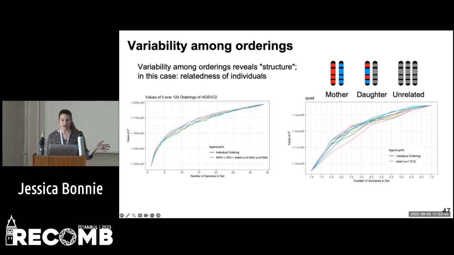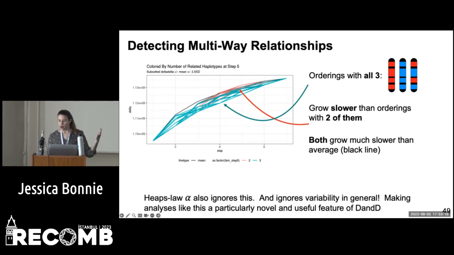So this plot on the right is really showing us something very different. As you would expect, there's a clear difference in the value of delta at each step, depending on how many related haplotypes have already been included. These lines below are colored by how many related haplotypes, the two haplotypes of the mother and the maternal haplotype of the daughter, had been added at step 5.